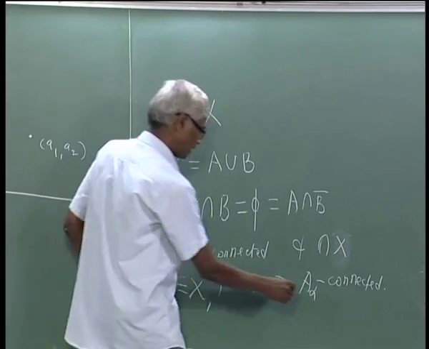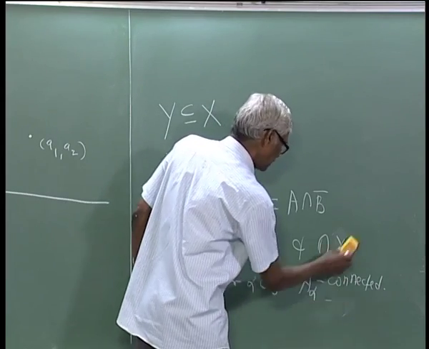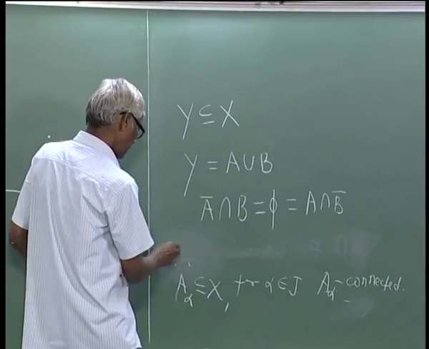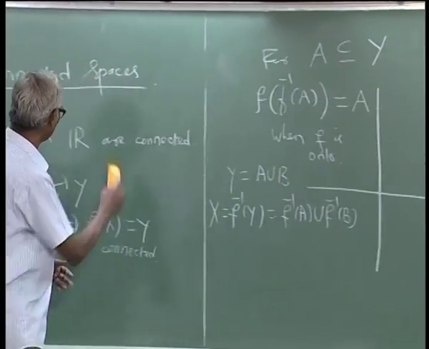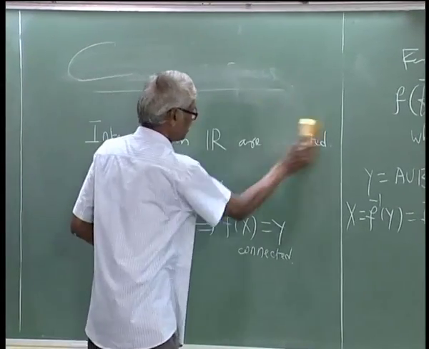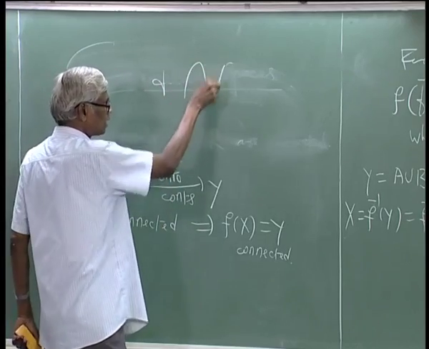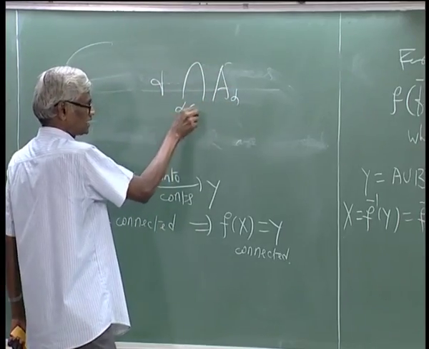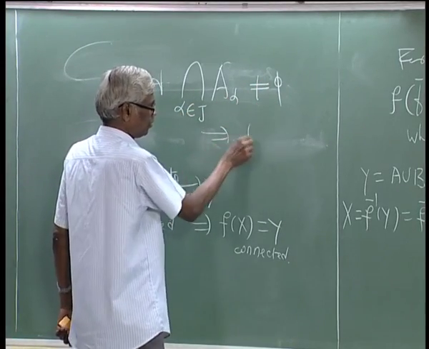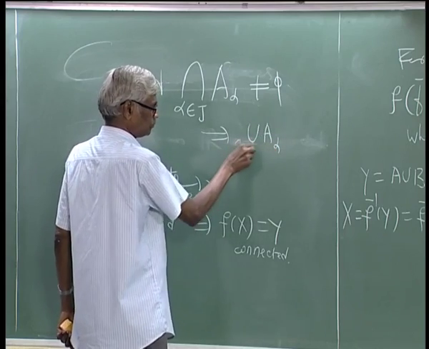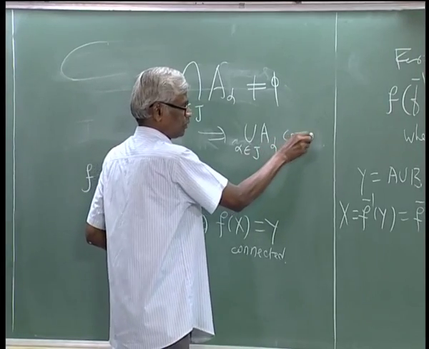Here we have X a given topological space, X need not be connected, each A alpha is connected and it has a common point, the intersection is non-empty, then that implies the union is connected.